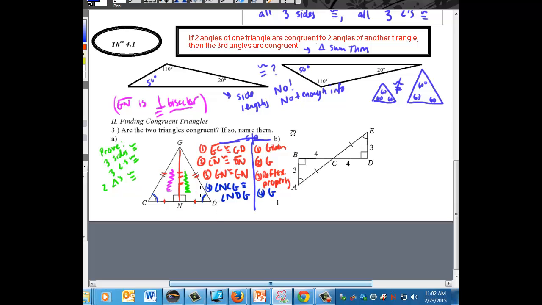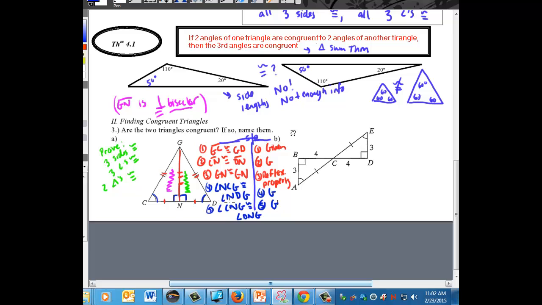We have a single mark and a single mark. Statement 5, let's highlight these 90-degree angles. I can say that angle CNG is congruent to angle DNG, and that's also given to us, which is G.